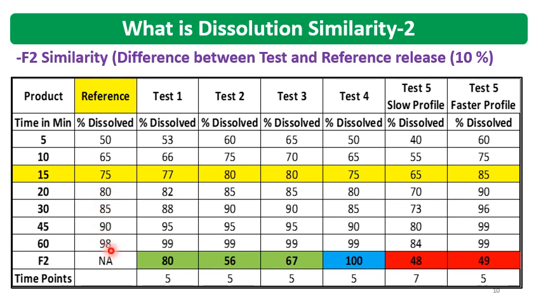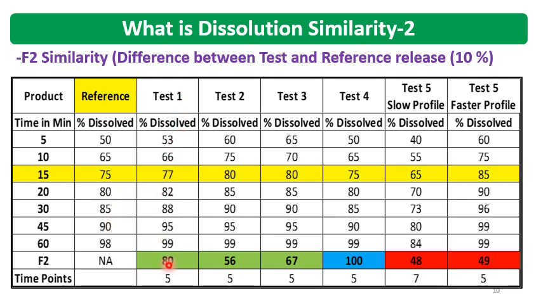So this is a 60-minute profile, and around 30 minutes we are getting dissolution of 85%. Our earlier criteria was more than 85% in 15 minutes. So here you are not getting 85% dissolution in 15 minutes, so you have to go for the profile comparison.